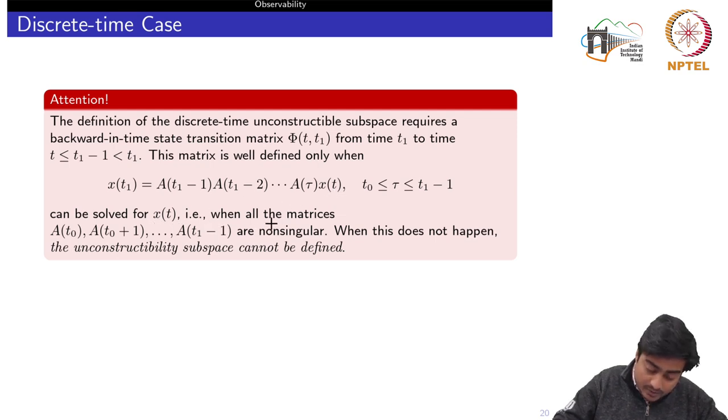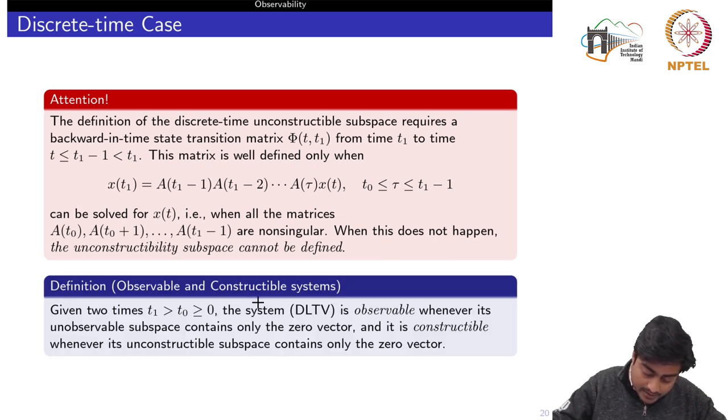And this is only possible when all the matrices at different times from t0 to t1 minus 1 are non-singular. This is the same restriction we had seen in the first week while computing the solution in the discrete time scenario. So when this does not happen, the unconstructible subspace cannot be defined. But there are no limitations on the unobservable subspace.